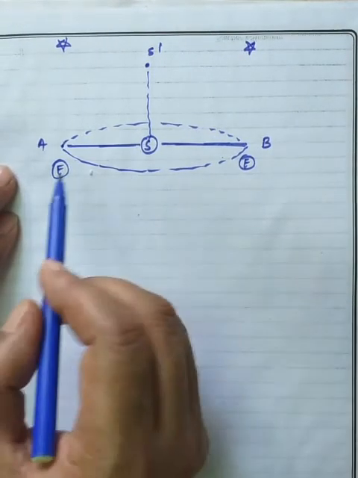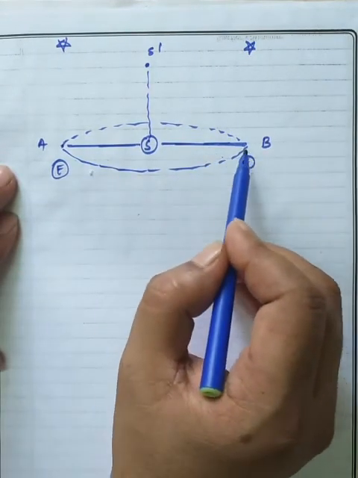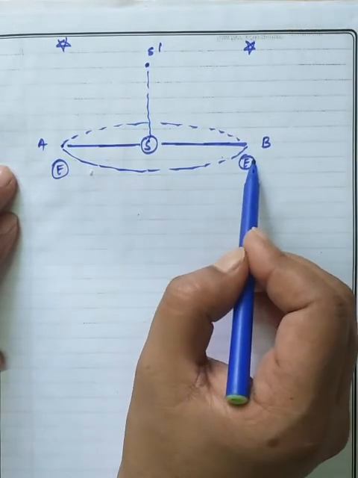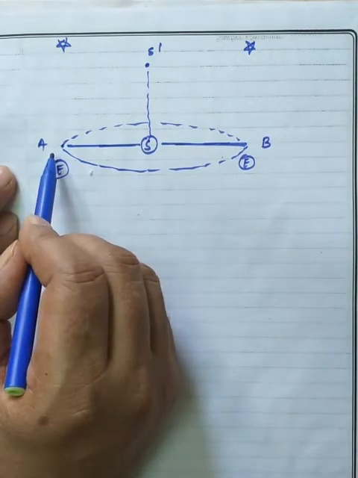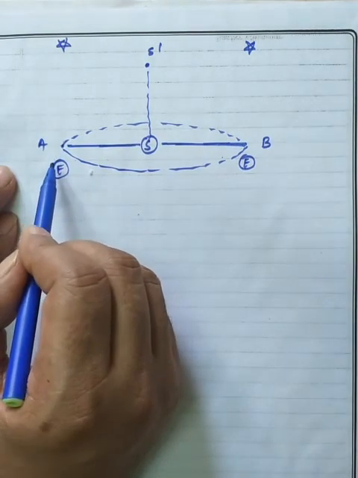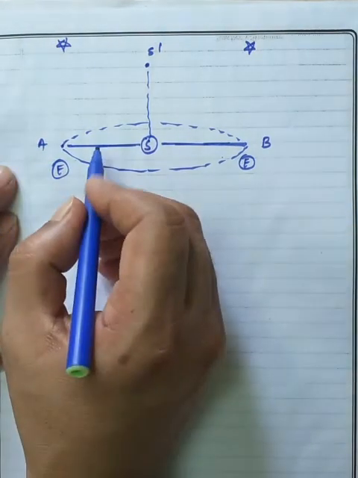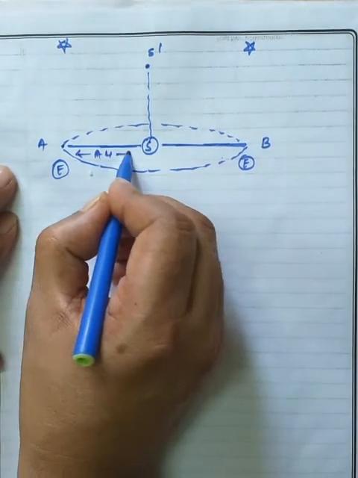we consider the movement of the Earth around the Sun. The Earth, moving around the Sun, is at point B, and after 6 months it is diametrically opposite to point B, that is at A. The distance between the Earth and the Sun is called the astronomical unit, the AU.